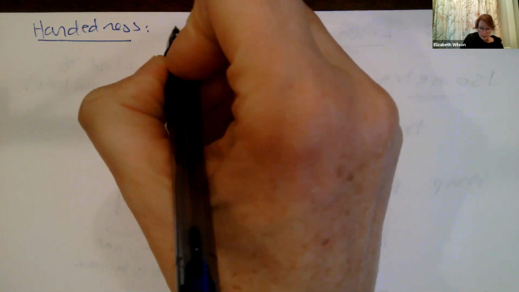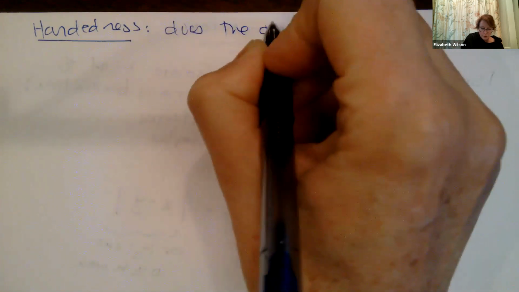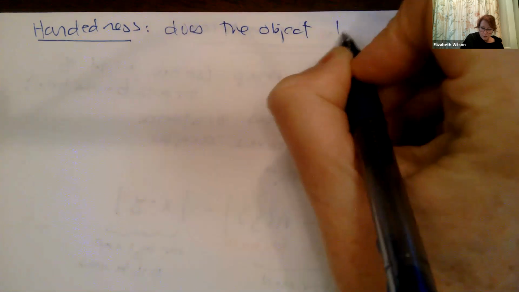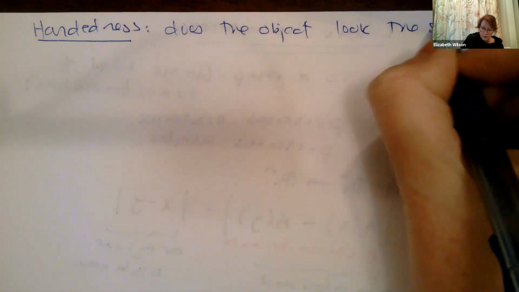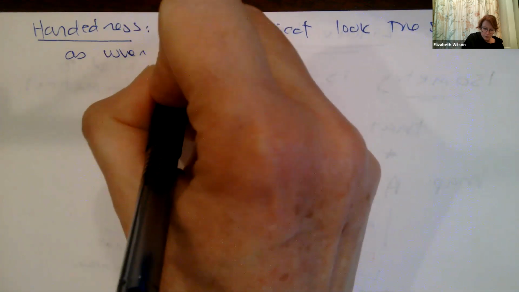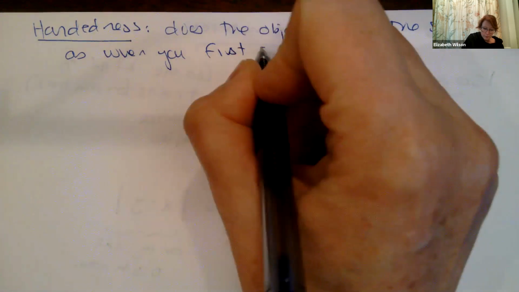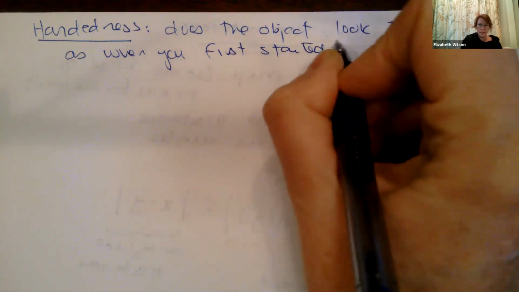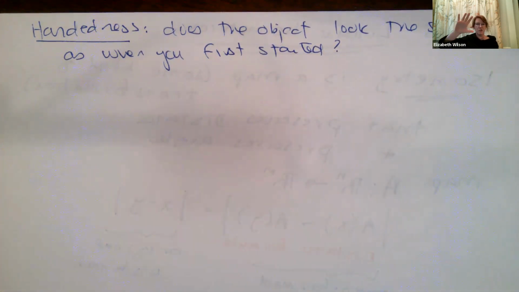So how can I describe handedness? Does the object look the same as when you first started? Basically, you haven't actually changed how the object is. I've taken it and I've moved it.